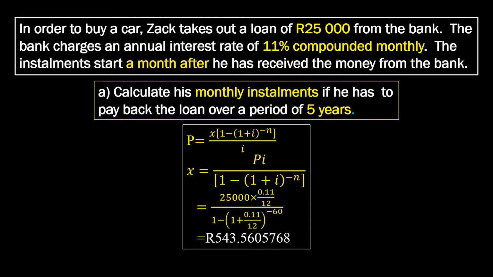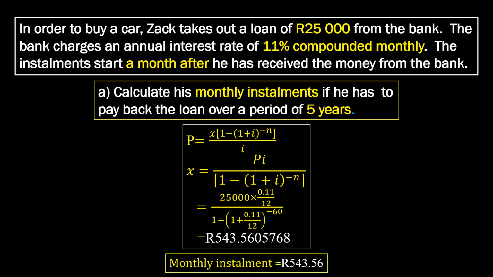Then we get X is 543.56 monthly installment. So after learning present value annuity questions and future value annuity questions, these things are now easier for you.